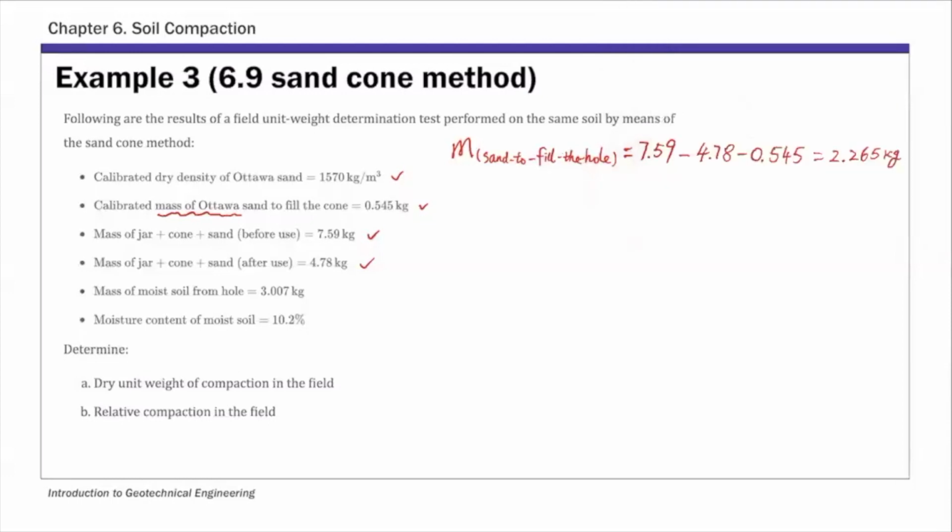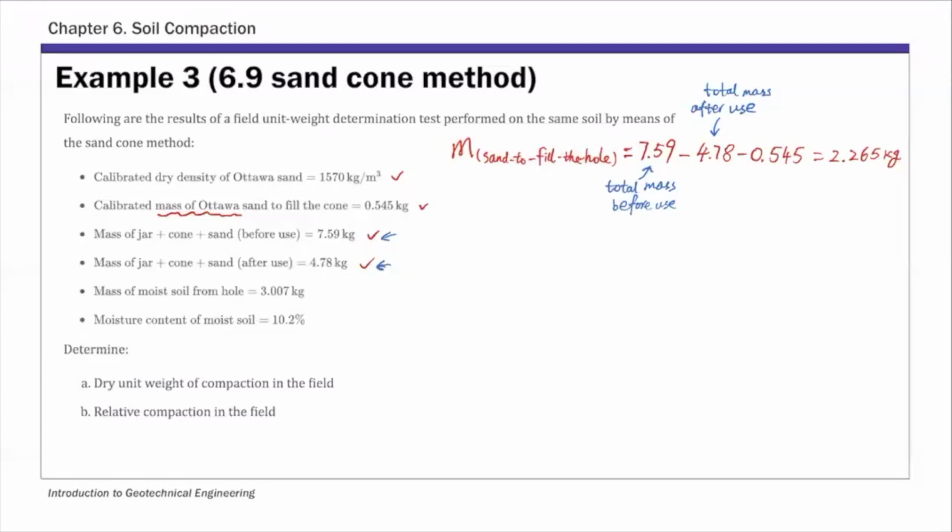The first one is 7.59. This is basically the total mass before use. So that's this number here. And then the second number, 4.78, is the total mass after use. The difference between these two is basically the sand in the cone and the sand in the hole.